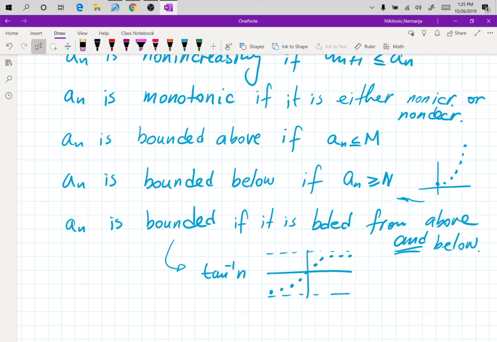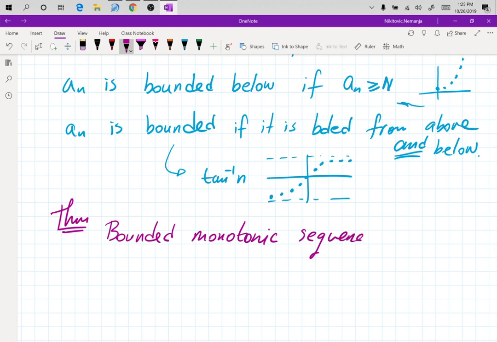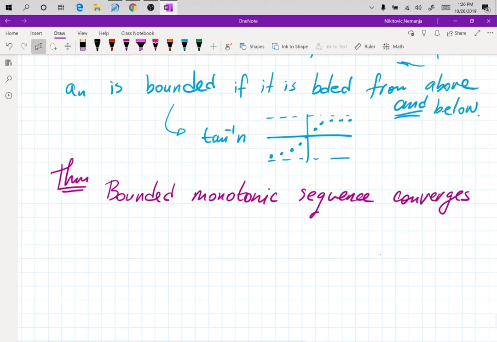A bounded monotonic sequence converges. Here are two graphs that will help you understand it quickly.